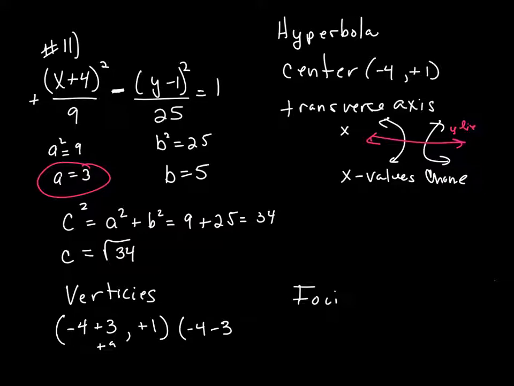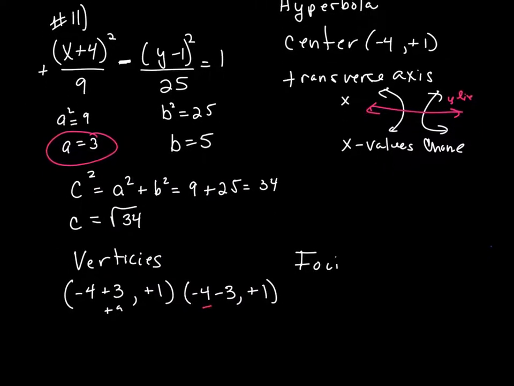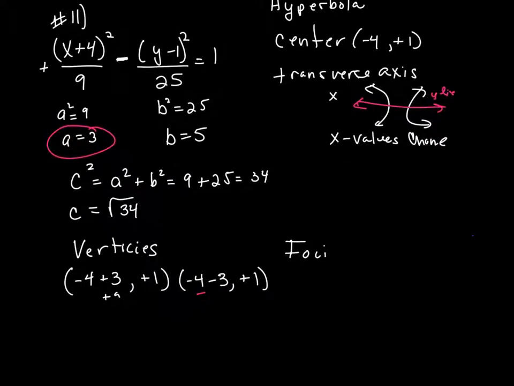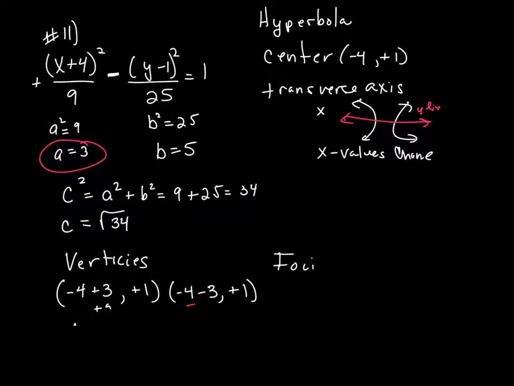So that is just the x value of the center, and in this case I then subtracted A. The y value is the same as the y value of the center. So what I'm left with for the vertices of this hyperbola is -1, 1, and -7, 1.